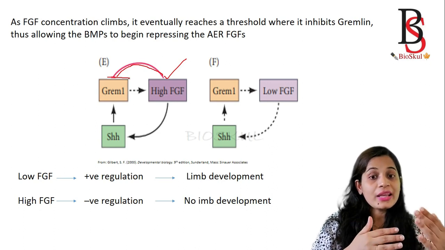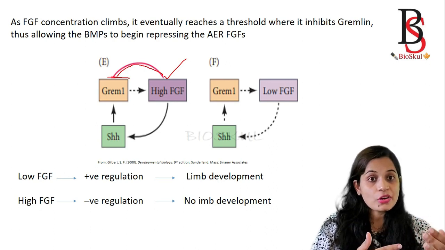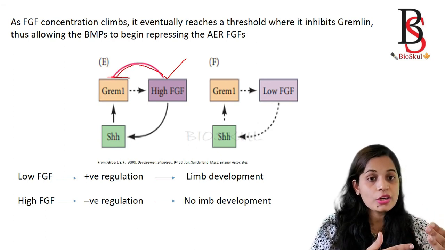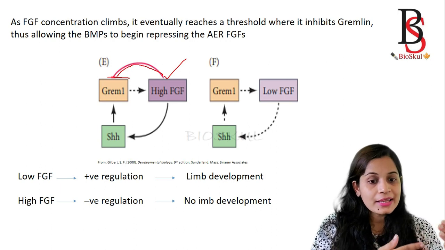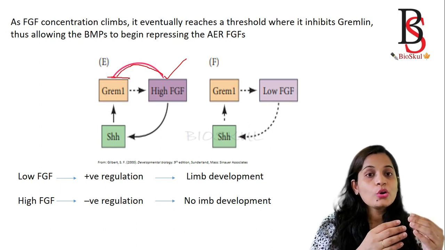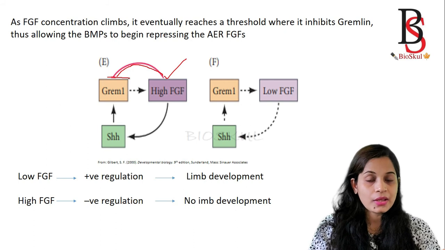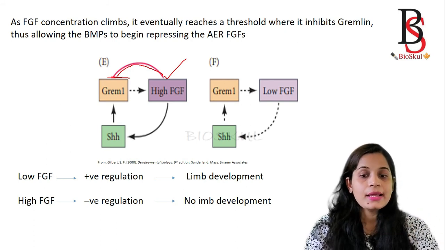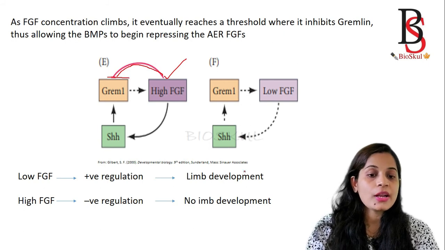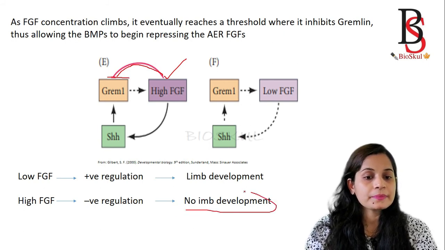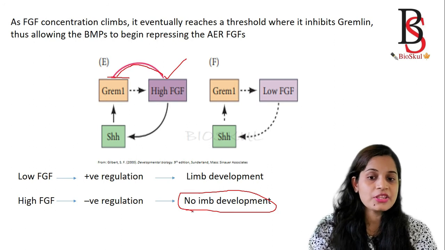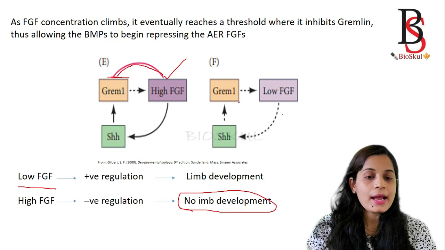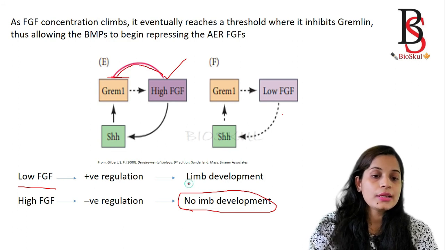So it will suppress the expression of fibroblast growth factor, or FGF, from the apical ectodermal ridge, and that leads to no limb development. Okay. So when the concentration of FGF is high, that leads to negative regulation and no limb development. But if the FGF concentration is low, then it cannot inhibit the GREM1 and that leads to limb development.